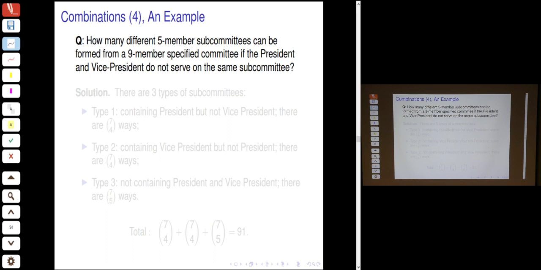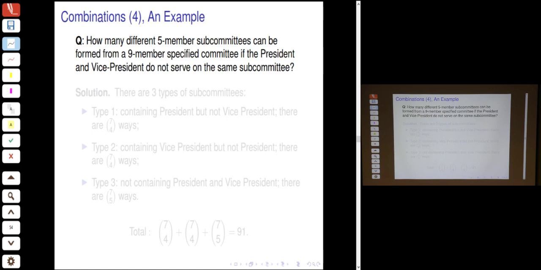Okay, read it one more time. So I have 9 members, right? Inside the 9 members, I have a president and vice president. So now I want to form a subcommittee, but the subcommittee has 5 members.